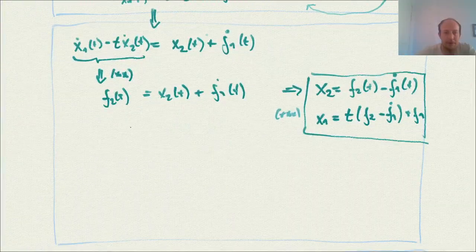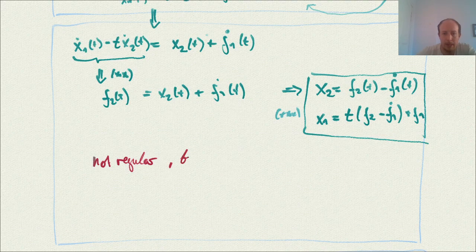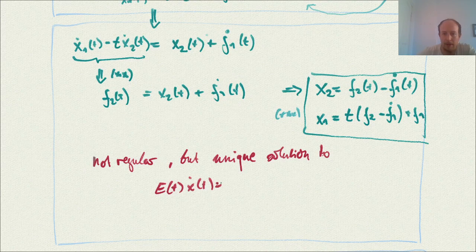So what we take from here: not regular but unique solution to e of t x dot of t is a of t x of t plus f of t.